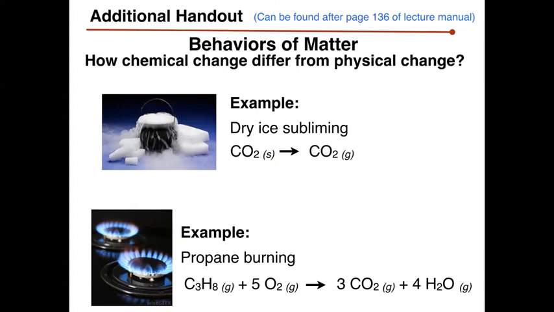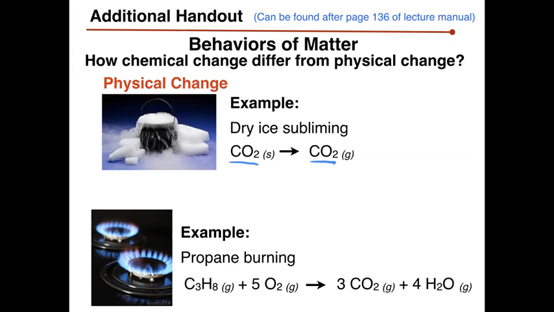When dry ice sublimes, it becomes carbon dioxide gas. So it's only changing from solid to gas. This is an example of physical change because, as you see, the carbon dioxide still is carbon dioxide. It has just changed the physical state. It doesn't change the composition.